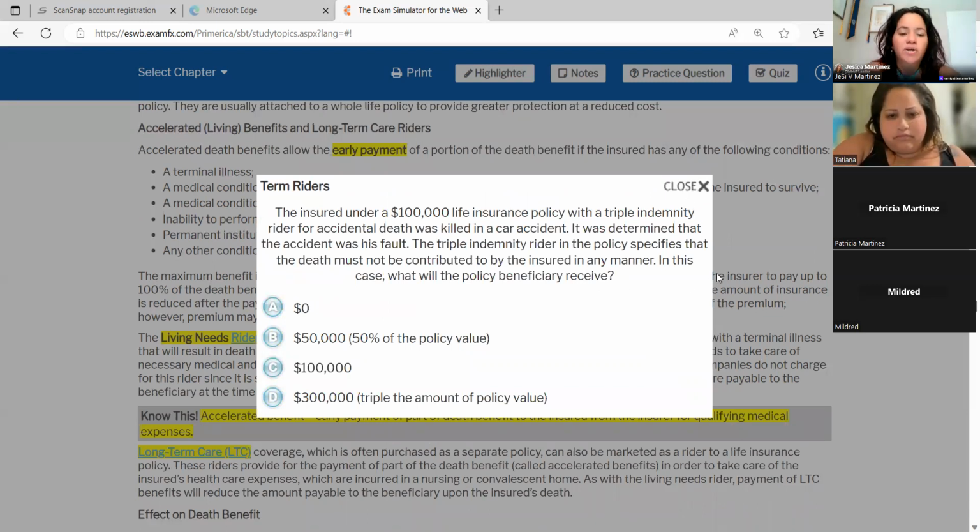Okay, the insured under a 100,000 life insurance policy with a triple indemnity rider for accidental death was killed in a car accident. It was determined that the accident was his fault. The triple indemnity rider in the policy specifies that the death must not be contributed to by the insured in any manner. In this case, what will the policy beneficiary receive?